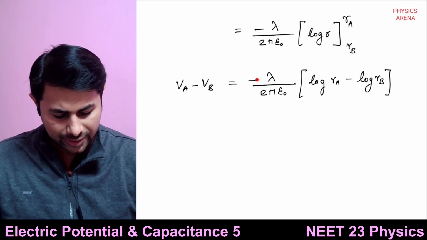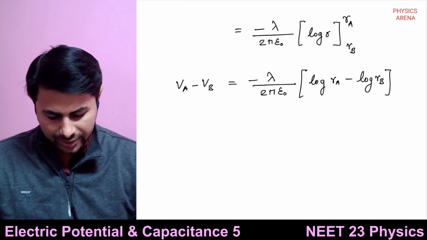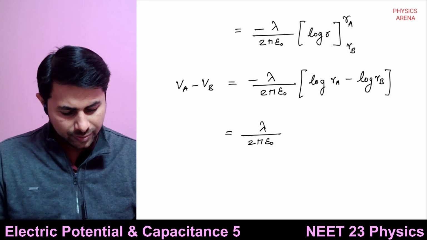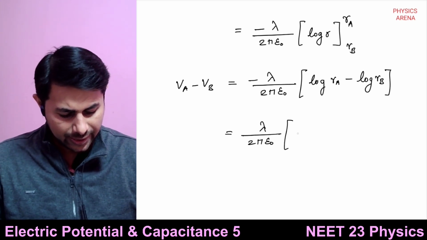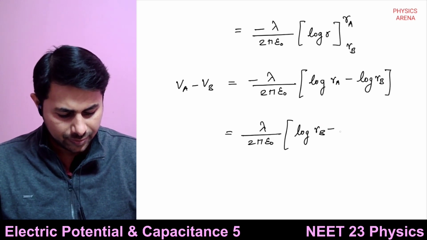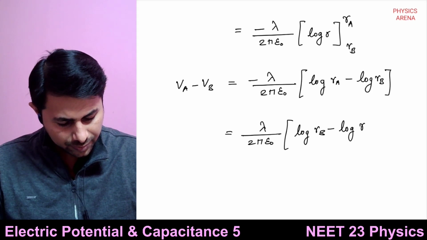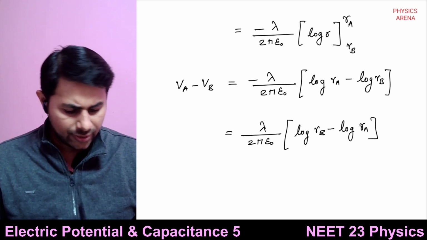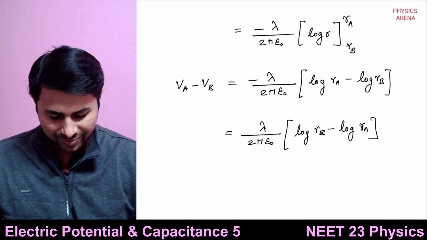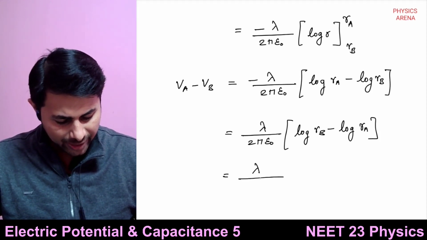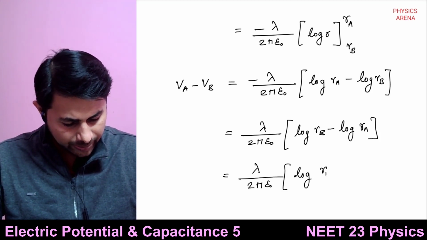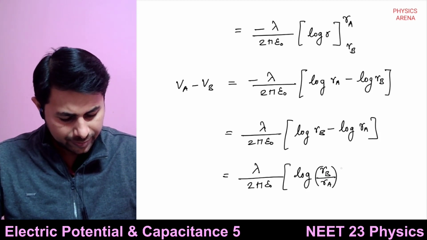So we can take this minus sign inside. So we get lambda divided by 2 pi epsilon naught, and then I can write log of RB minus log of RA. Or you can write this as log of RB upon RA. Okay, this is lambda divided by 2 pi epsilon naught log of RB upon RA.